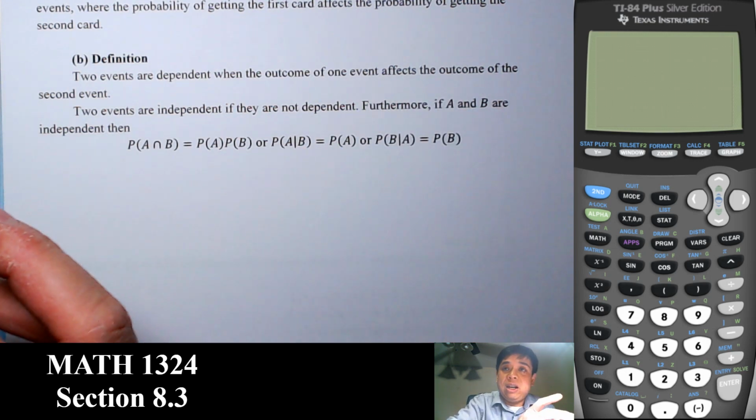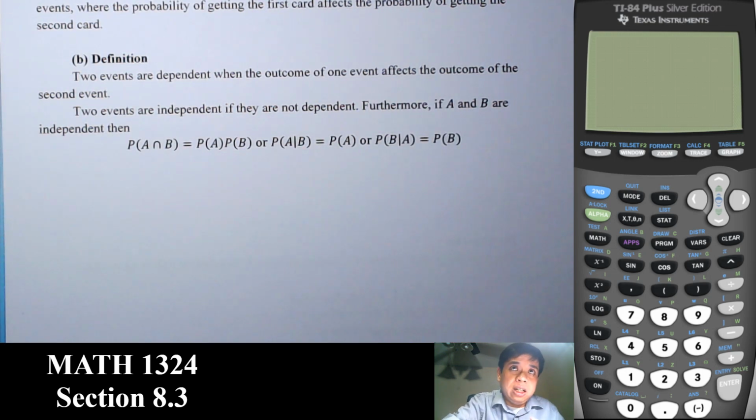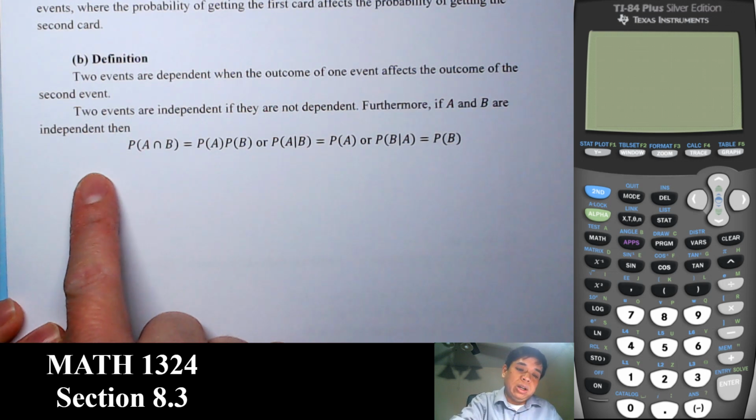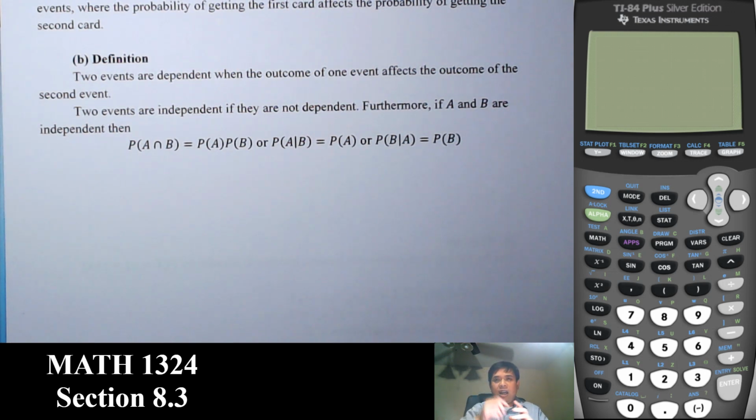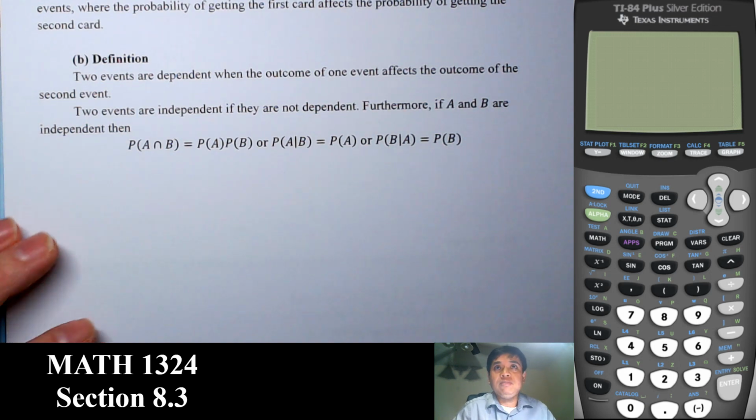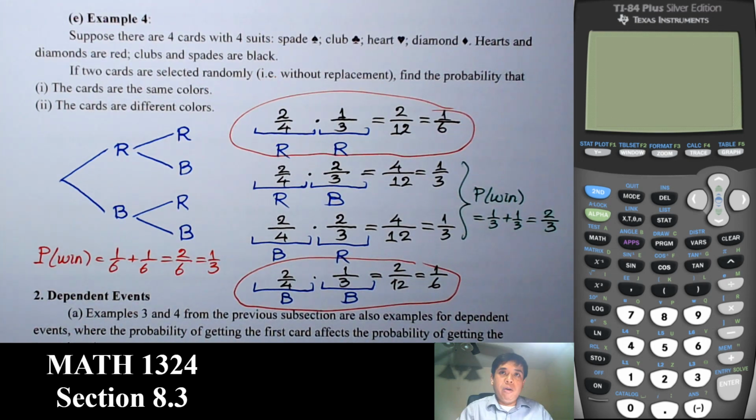If they're independent, of course, they're not dependent on each other. And if they're independent, we can just multiply like this. Like I said, I just want to introduce the concept of dependent event, independent event. But the majority here have to be able to do the problem that have to do with conditional probability.